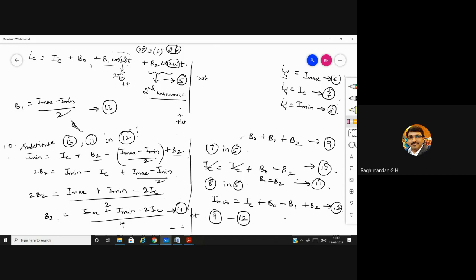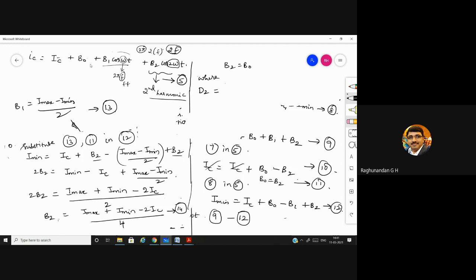So now the next question is what we are going to do with these values. We are done with the derivation. B2 is equal to B0, so obviously you'll have the same value. These values are used to find the second harmonic distortion. Second harmonic distortion is represented as D2.